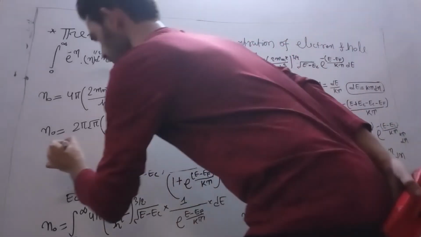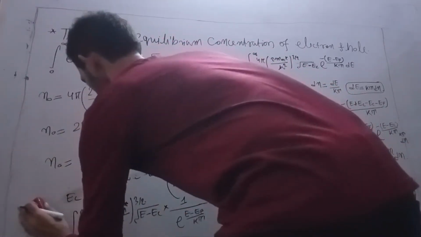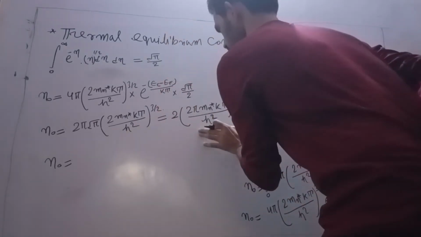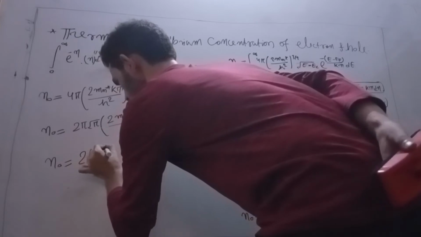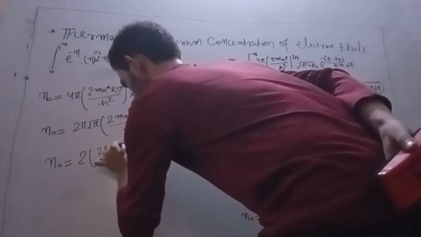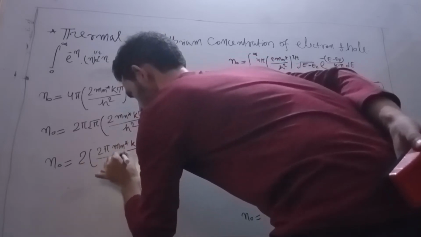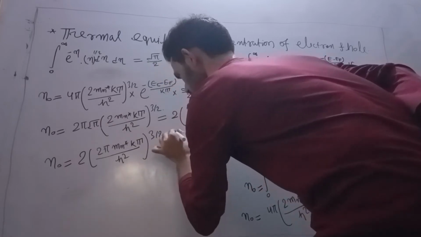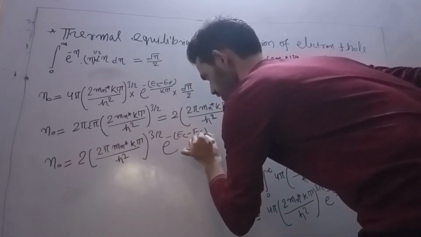And finally we can say that n naught value is nothing but 2 into (2 pi mn* kT divided by h squared) to the power 3 by 2, into e to the power minus (Ec minus Ef) by kT.